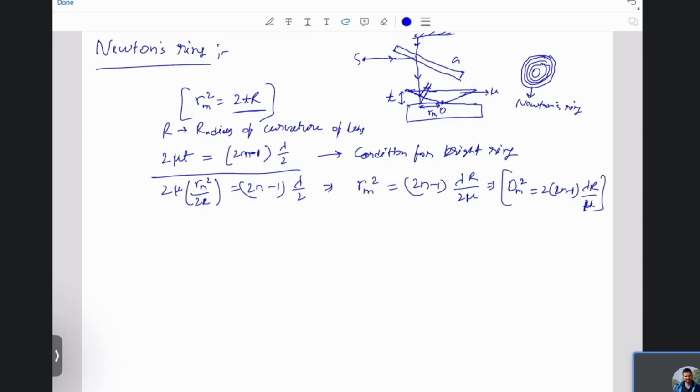And for dark rings you just have 2 mu t is equal to m lambda, the condition for dark rings.